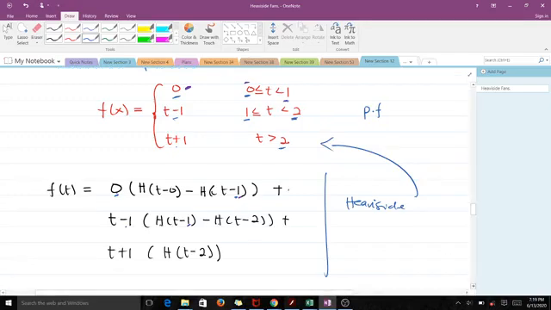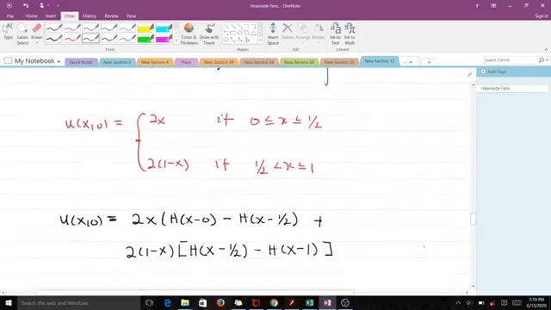Okay, so in the question we had this piecewise function, so we have to write the Heaviside function for it. So that means it's going to be 2x times h of x minus 0, then minus h of x minus half, then plus 2 times 1 minus x, then h of x minus half, then minus h of x minus 1.